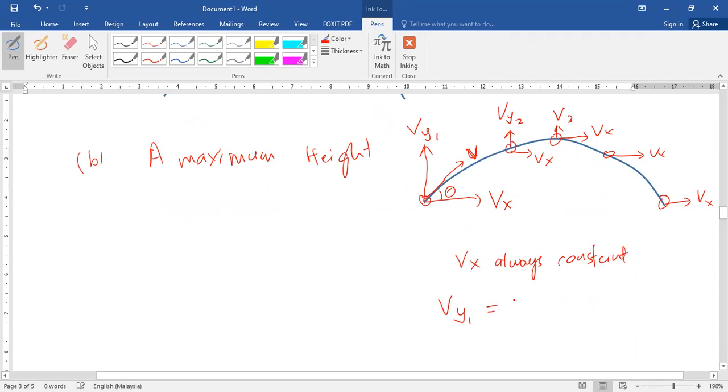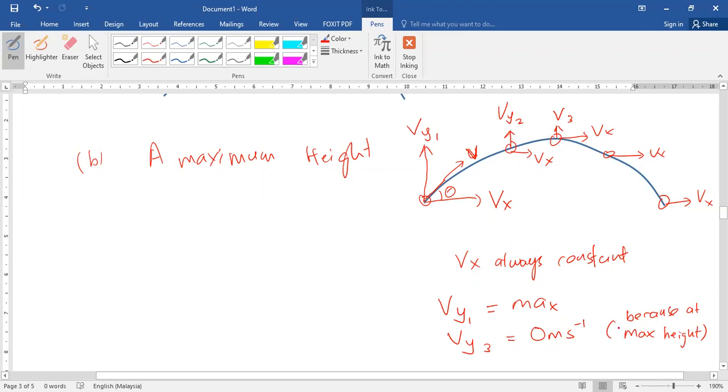Vy1 is maximum, since initially we throw it out. Vy3 is equal to 0 ms-1. Why? Because it is at maximum height.